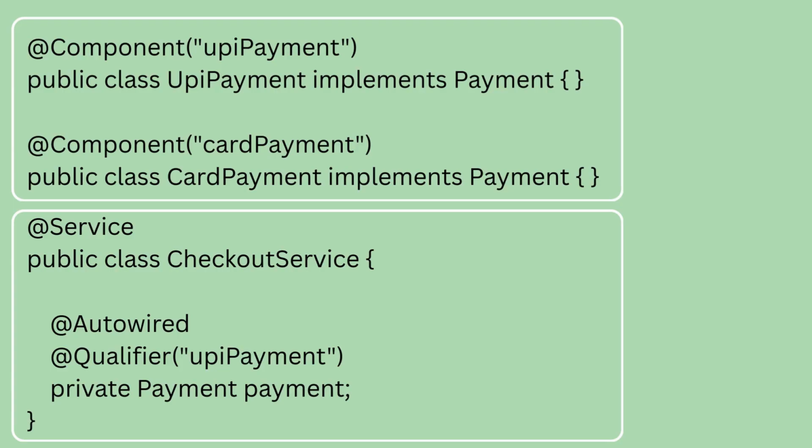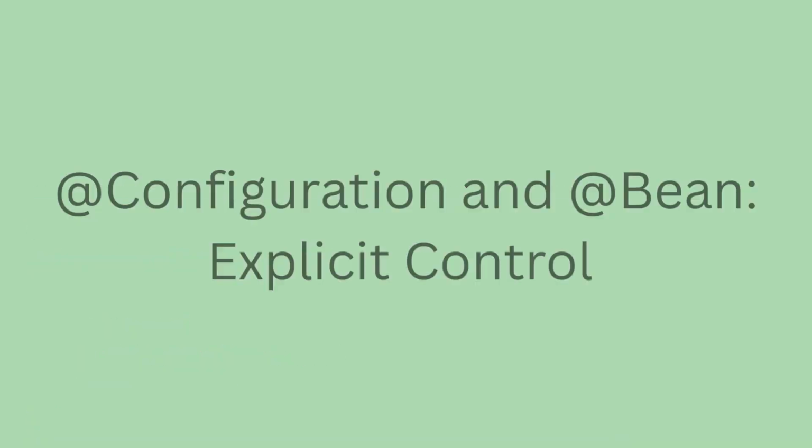For UPIPayment, we have given the component name upiPayment. Same goes for the CardPayment. While injecting the dependency, we just use @Qualifier and give that specific name to it. Here we are using upiPayment to inject the dependency. You are not changing logic, you are guiding the container.